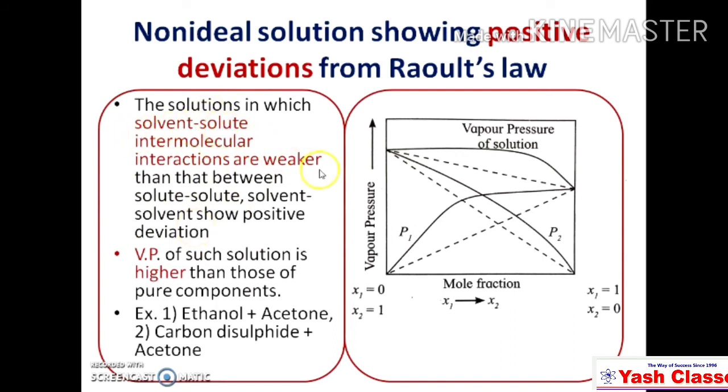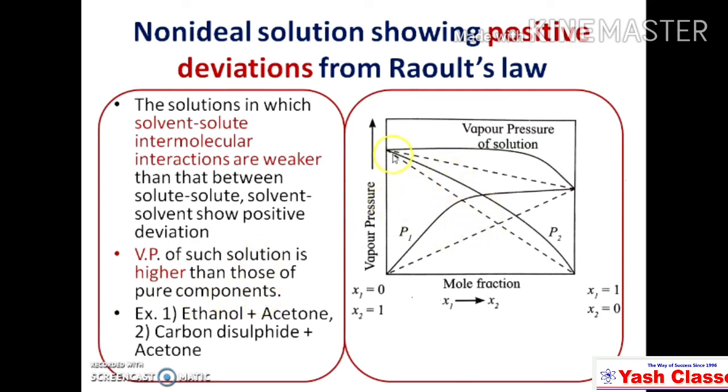The solvent-solute interaction is weaker than the interaction between solute, that is when the solute is present in pure state before formation of the solution, or solvent interaction. So in this case, the vapor pressure of such a solution is higher than those of the pure components.